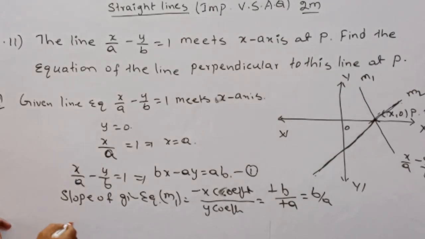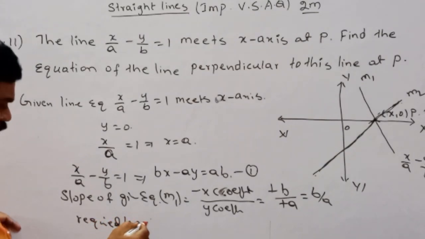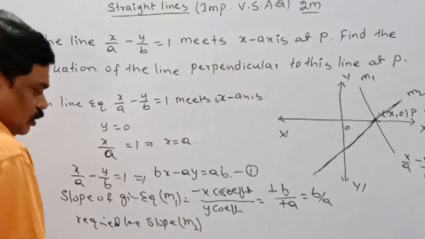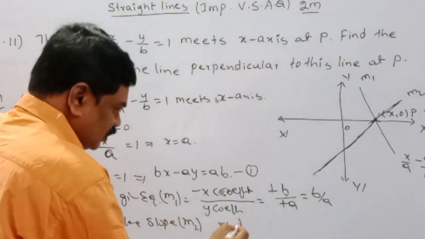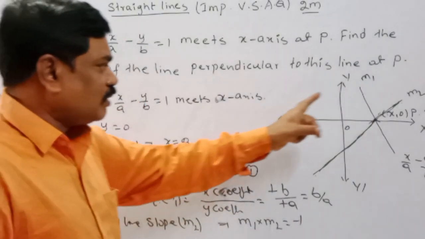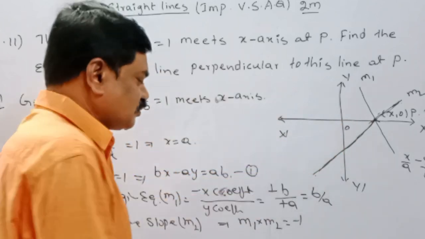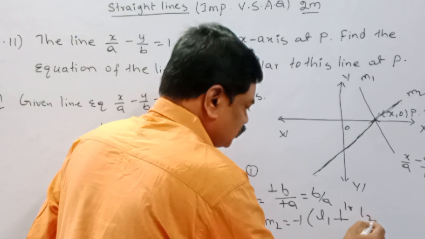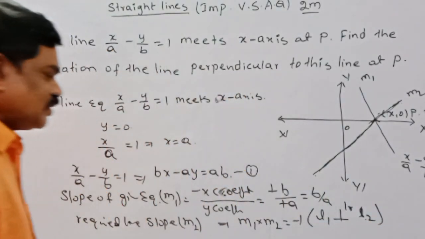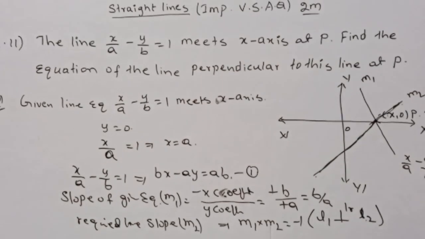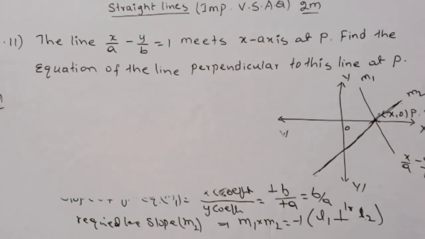The required line has slope M2. M1 into M2 is equal to minus 1, because these two lines are perpendicular to each other. L1 is perpendicular to L2, which is given. Then what is the slope of L2?